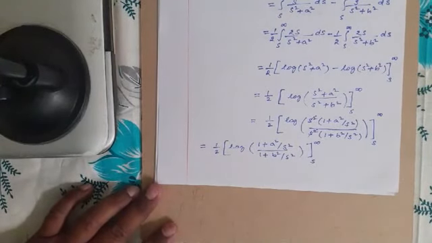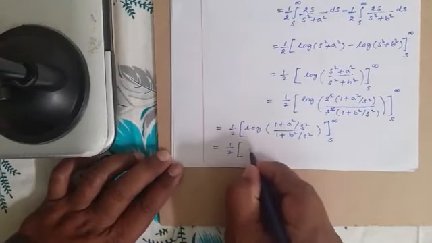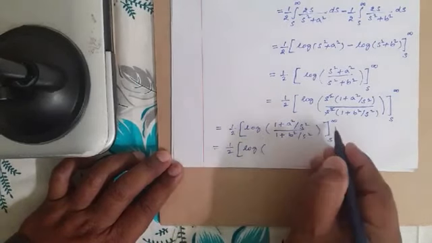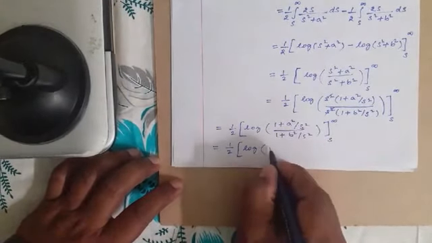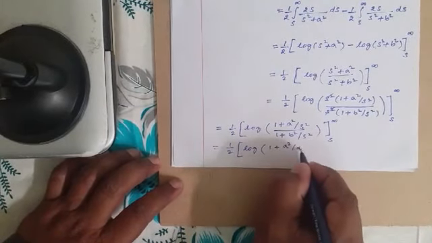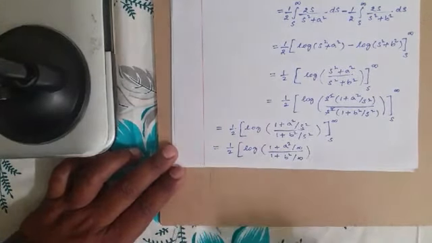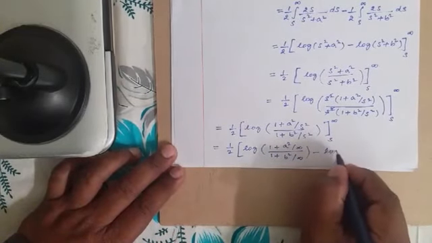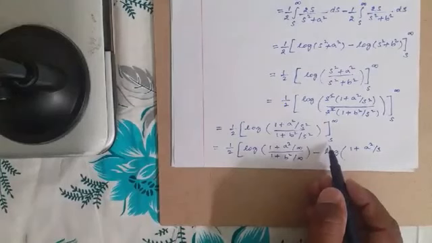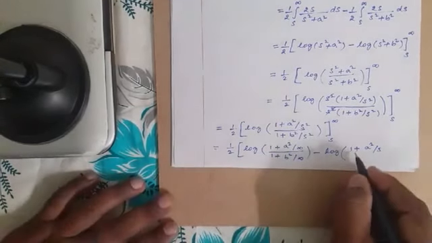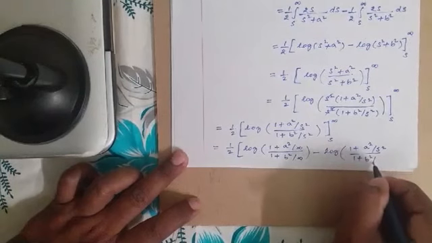Now when you apply upper limit minus lower limit, this becomes 1 upon 2 in bracket log. Applying the upper limit, which is infinity, in the place of s I substitute infinity, so this becomes 1 plus a square upon infinity upon 1 plus b square upon infinity, minus, when you apply the lower limit s, this becomes log 1 plus a square upon s square upon 1 plus b square upon s square.